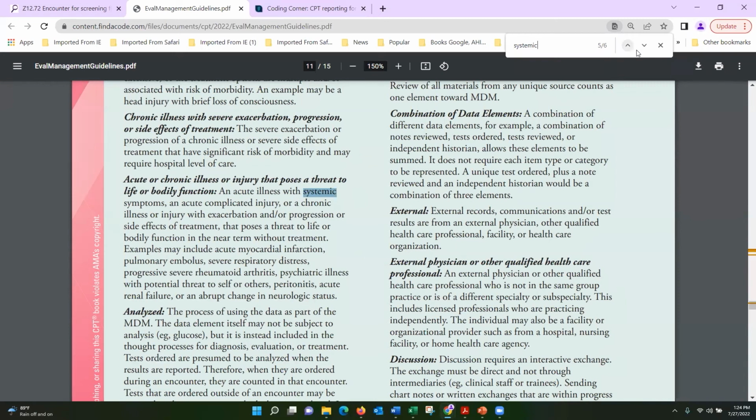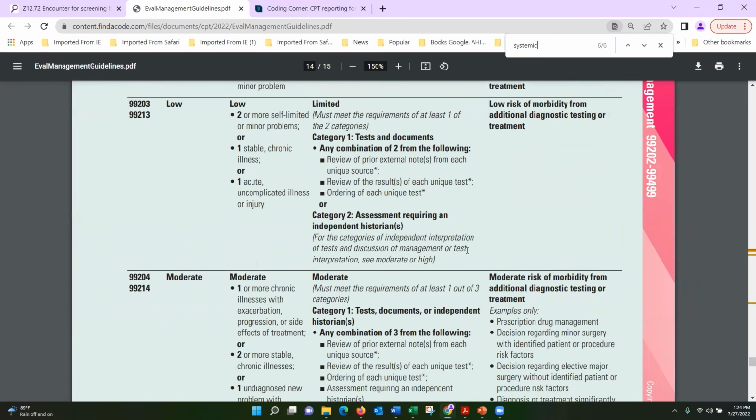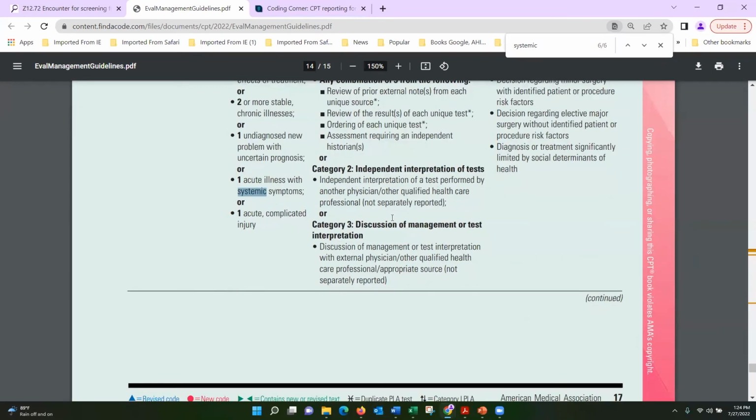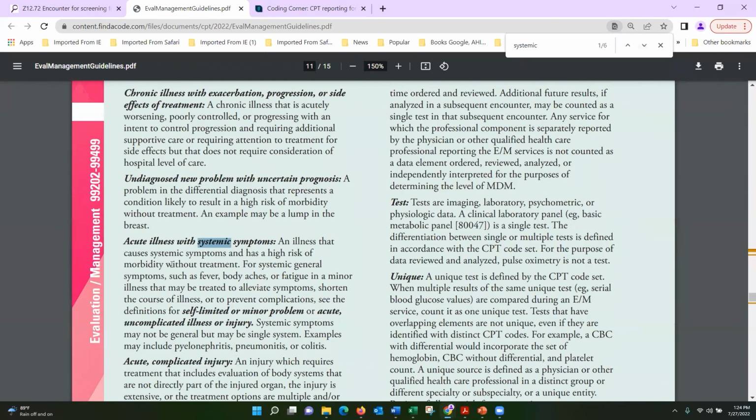So if you pull this up, some things are not significant. It's not what you're looking for. But the main thing is that you understand what we're looking for with systemic symptoms.